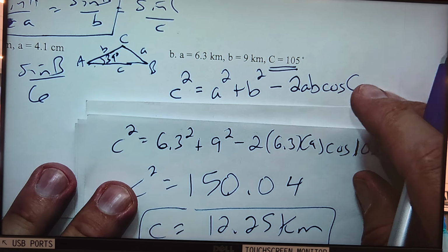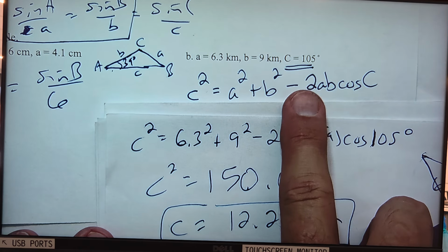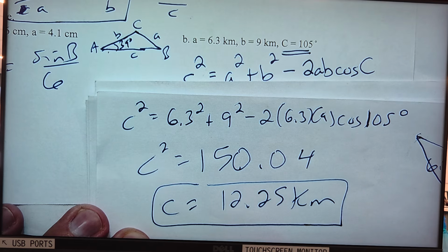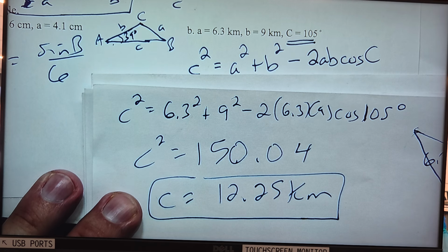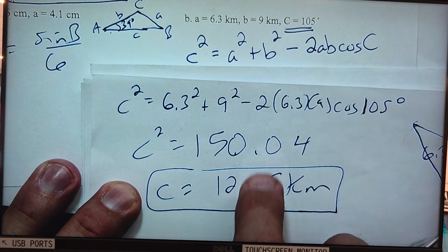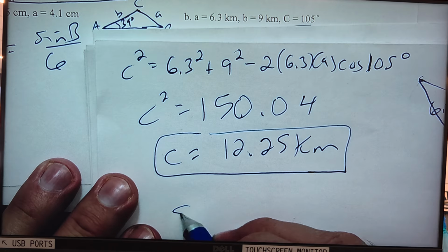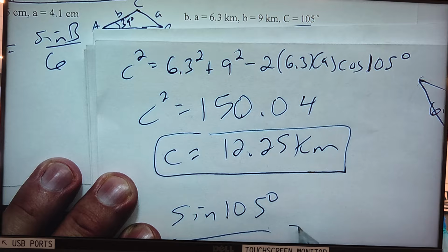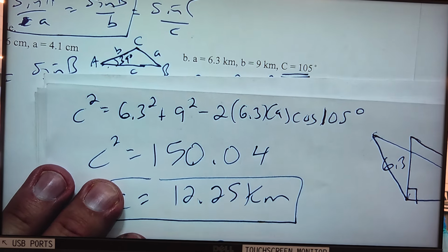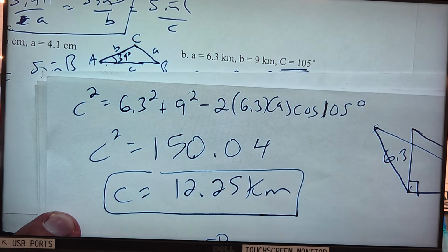Did I draw a picture of this? No. But what ratio can I make? There's only one. What's the only angle I know? Yeah, so the ratio I can make is C's, right? So I can make sine of 105 degrees over 12.25. And now it's up to you. Which angle do you want to find now?